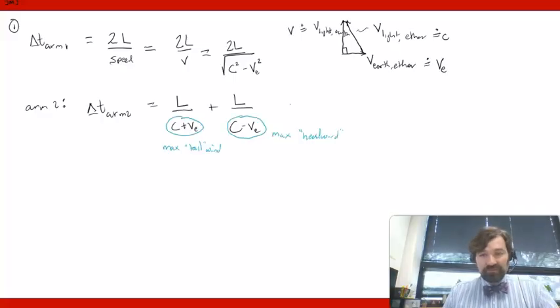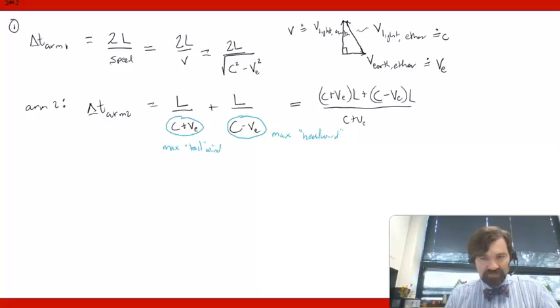So if we wanted to combine this into a single fraction, basically we would have (c plus v_E) L plus (c minus v_E) L, all divided by (c plus v_E) times (c minus v_E).